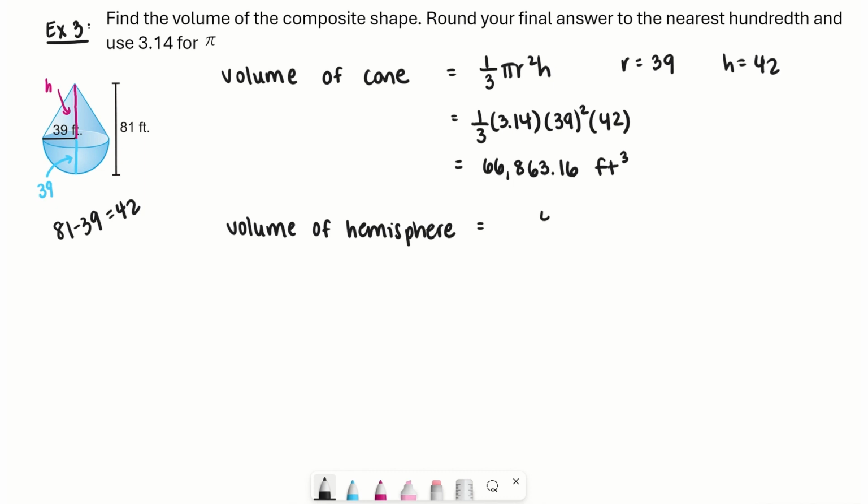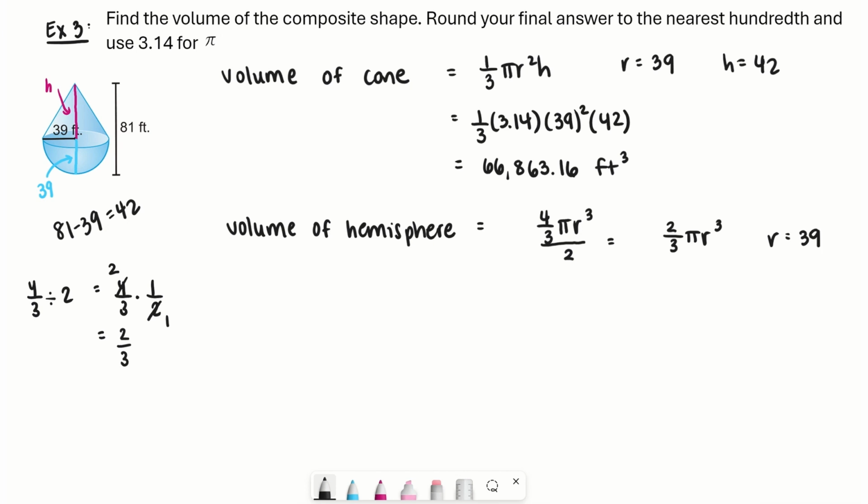Now the volume of a sphere is 4/3 pi r cubed, but if we want to find the volume of a hemisphere, we just need to divide that by 2. 4/3 divided by 2 is the same as 4/3 times 1/2, and if I simplify that fraction, the 2 and the 4 simplify into a 1 and a 2, which will be 2/3. So now I get 2/3 pi r cubed.